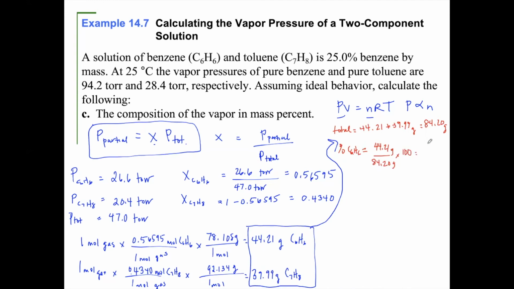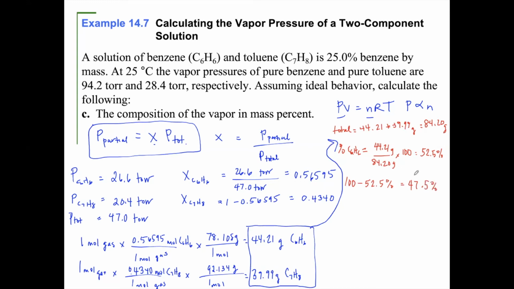So that works out to be 52.5% benzene. And then to find the percent of toluene, we'll just subtract that from 100. I mean, you don't have to do it this way, but I think it's just a little faster. In other words, you could just go ahead and calculate the individual percentage for toluene in the same way that I did for benzene, or you could just subtract it from 100.